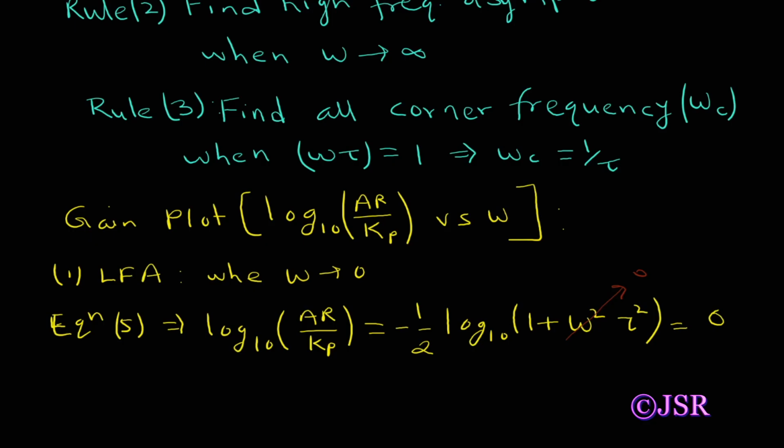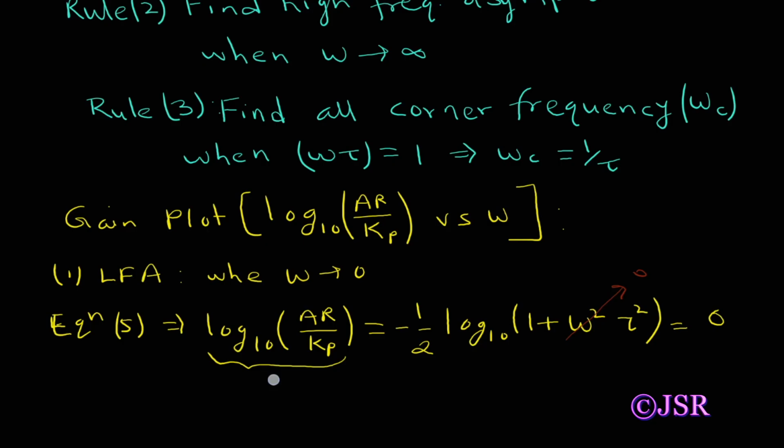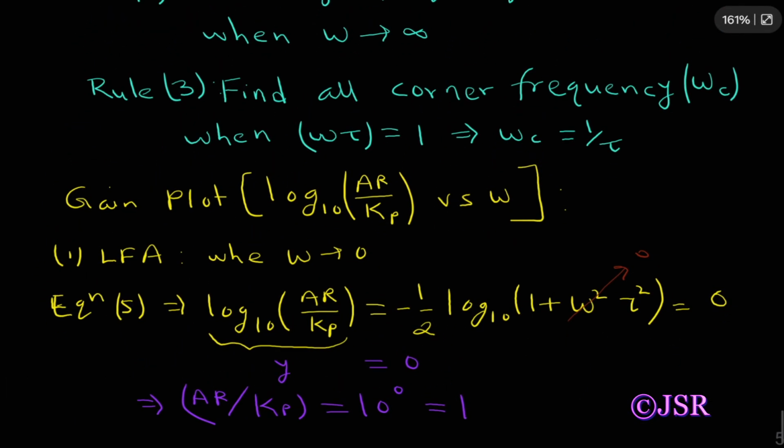So finally y equal to 0, therefore AR by Kp will be equal to 10 to the power 0 equal to 1, right?